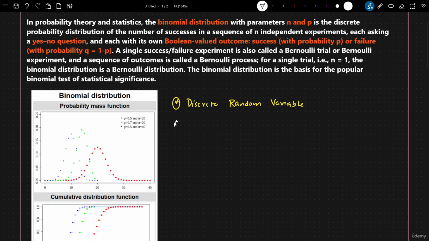The next important point is that every outcome of the experiment is binary.